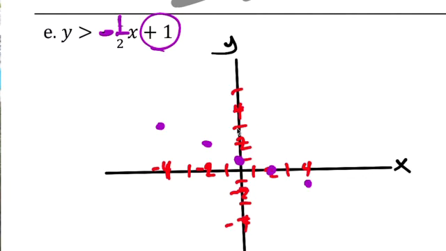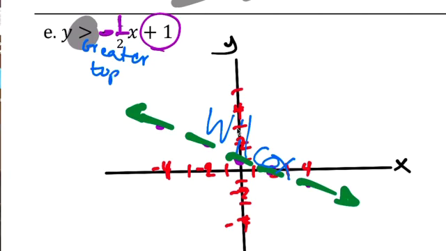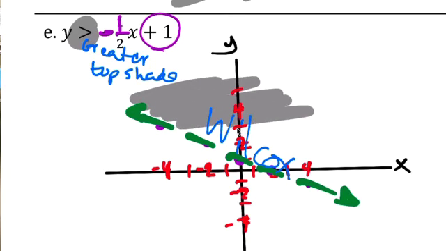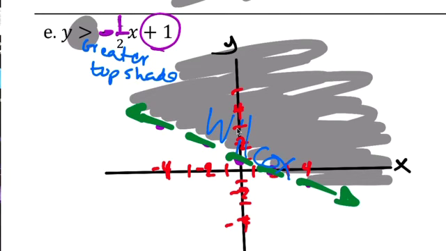And this, because there's no equal sign, is a broken line. So that means connect the dots with broken lines like that. Write your name on top. This is greater than, so you shade the top. That means you take your pencil and shade it carefully on top, lightly. And that's what it looks like.